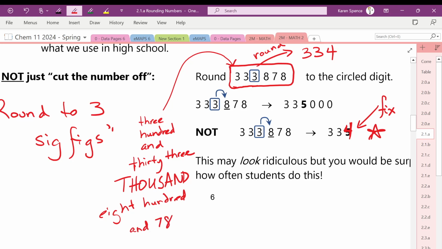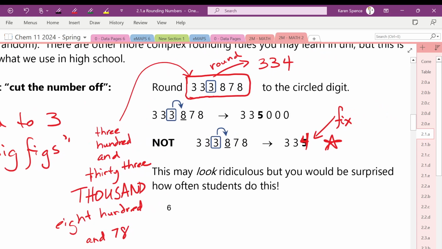Okay. Now, if I was to round it to 334, what is this number? This number is 334. Is that anywhere close to 333,000? No. So make sure you don't just truncate a number. You need to keep those extra zeros at the end. This should also be a 4. Sorry.